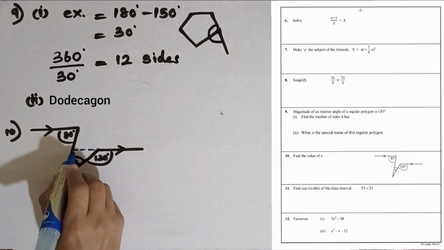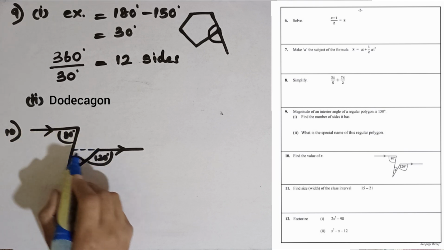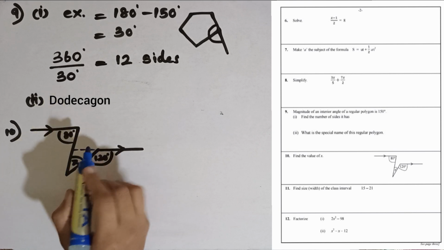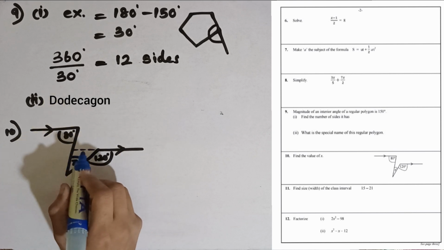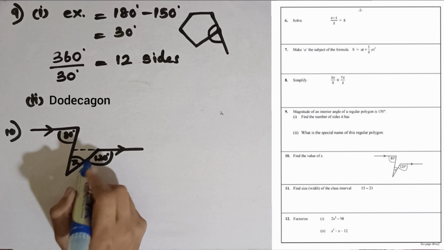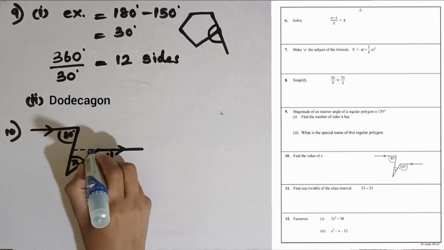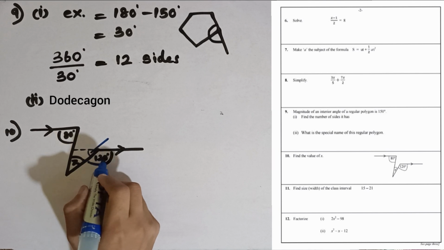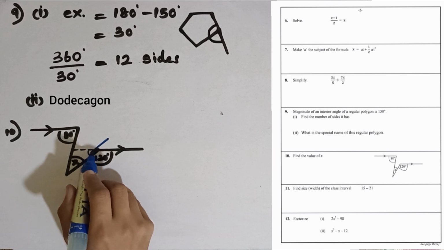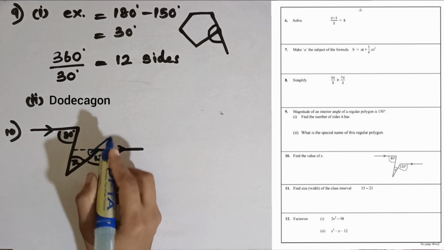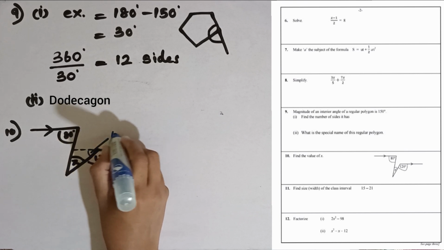If I join these 2 points, we get a triangle here. Then here we can find the magnitude of this angle by subtracting 120 from 180. So this angle is 60 degrees.